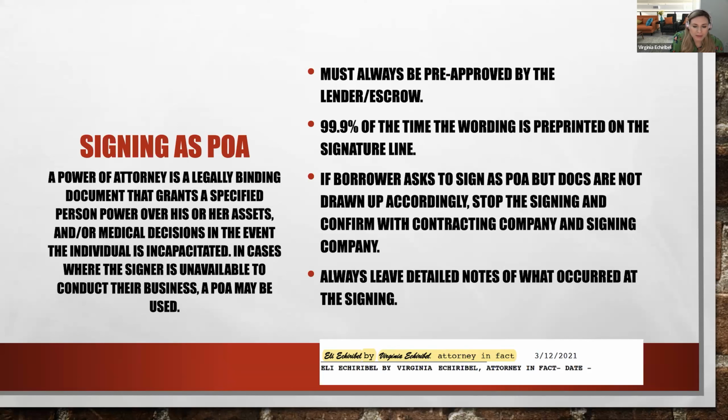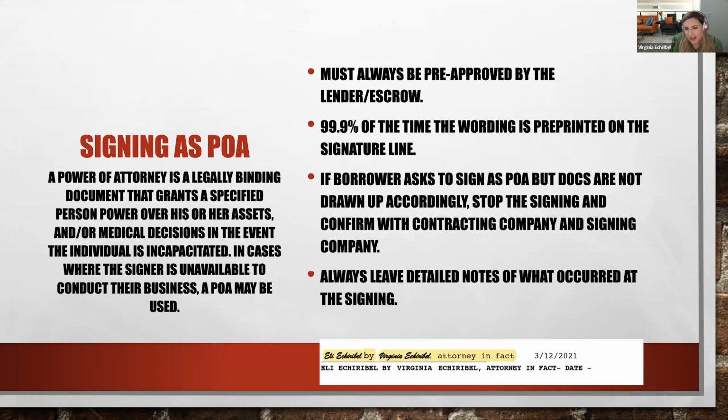So in the previous example, the signature line didn't say it, so it's probably not approved. Almost 99% of the time, it's incredibly rare that that pre-printed wording is not on there and they want you to sign like that. So 99% of the time, the wording is pre-printed on the signature line. That's how we know it got approved.